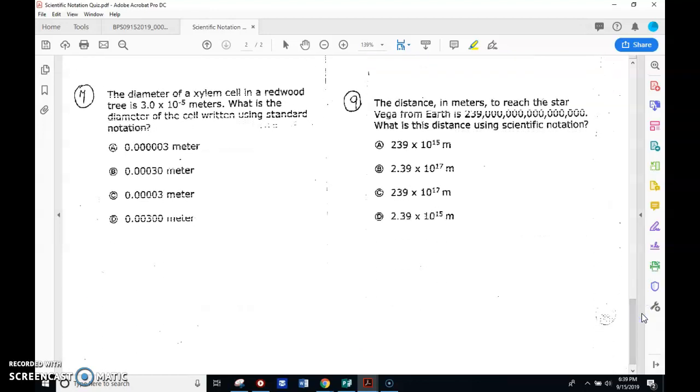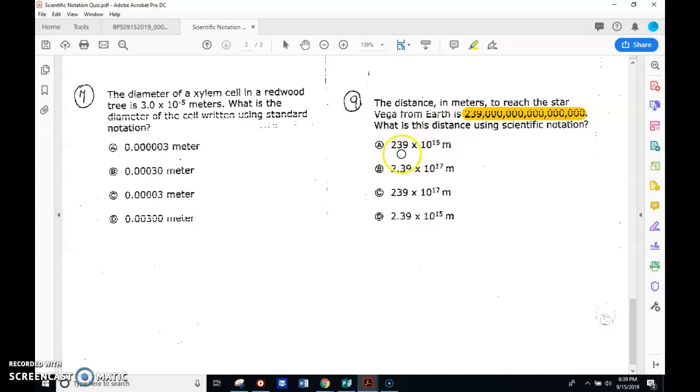Number 9. The distance in meters to reach the star Vega from Earth is this number. What is the distance using scientific notation?